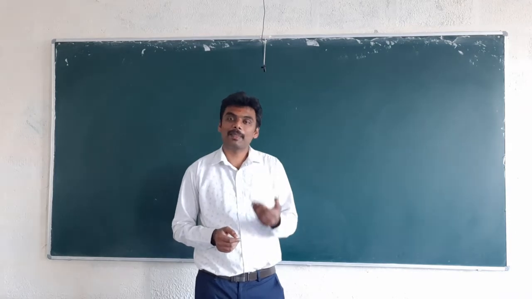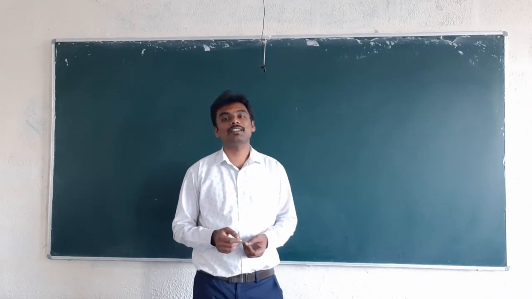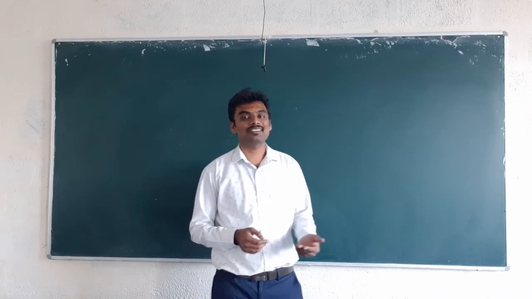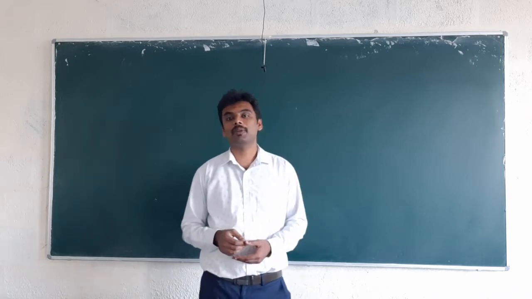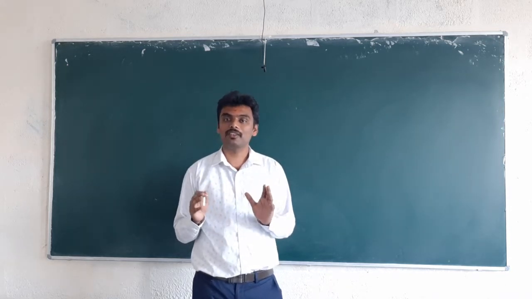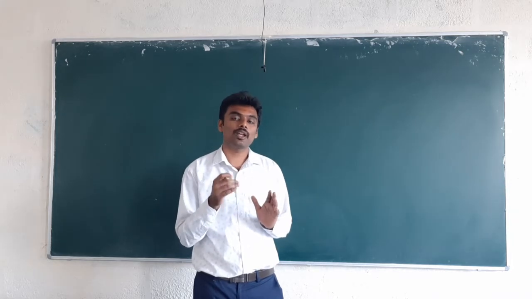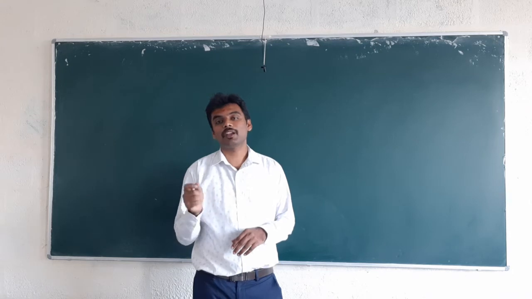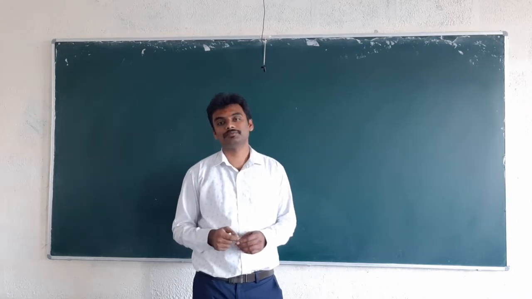One is the displacement happening in the nth second, which is Sn is equal to u plus a by 2 into 2n minus 1. So that is Sn is equal to u plus a by 2 times 2n minus 1, the formula for displacement happening in the nth second.